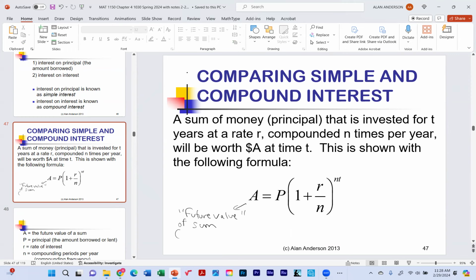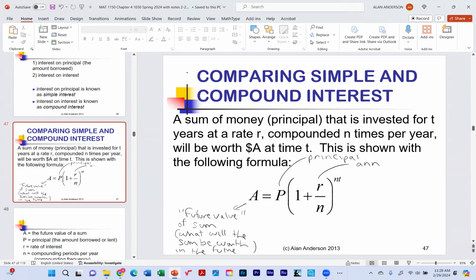In other words, if I put money in the bank, what will the sum be worth in the future? That matters a great deal if you're saving for something specific, like if I'm saving to make a down payment on a house, or if I want to retire or whatever. It's very helpful to know how much money I can expect to have in the bank in the future. That's what A means. P is the original principal that I invested.